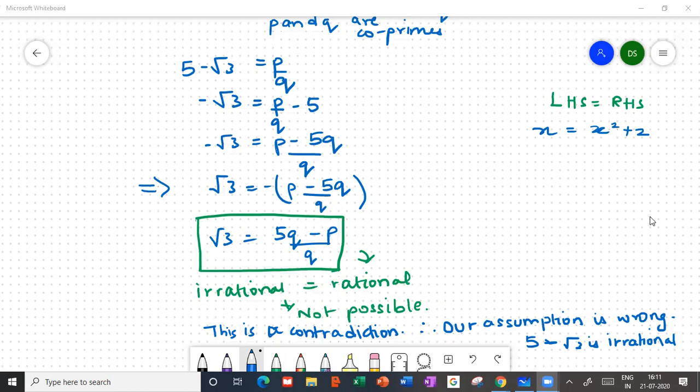So actually when you have such equations, if it's not just root 3 or root 2, root 5, if there is something like 1 by root 2 or 5 plus root 3 or something like this, this is the shortest and fastest way of proving it.